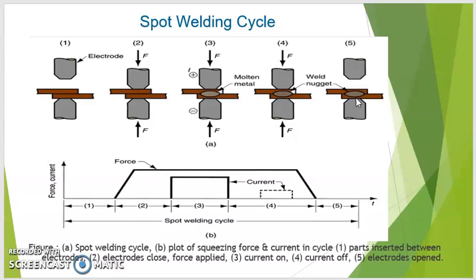So our aim is that whenever we load the plates after the spot weld is formed, the weld should remain intact. That means the plates fail somewhere else, but the joint doesn't fail. This is our aim, and this is basically called plug ratio 1.